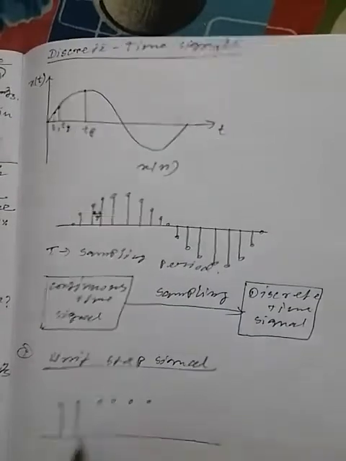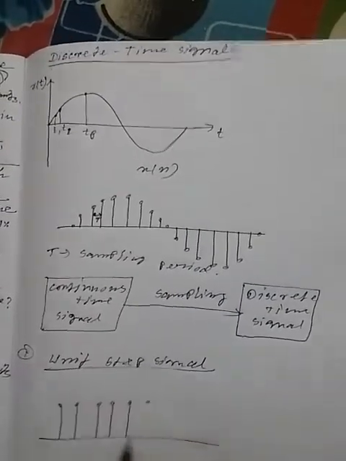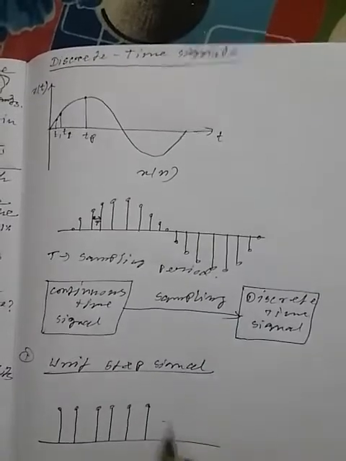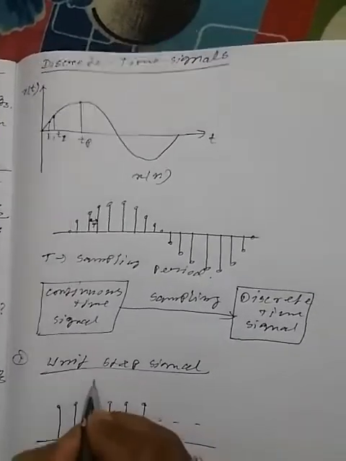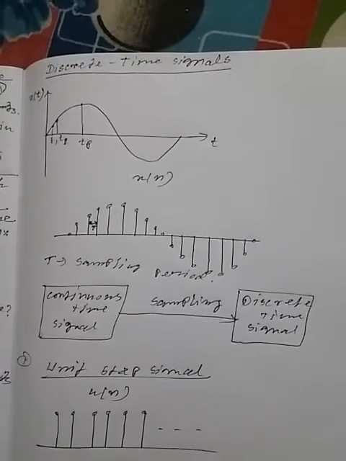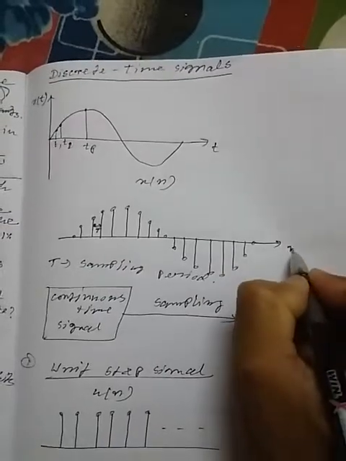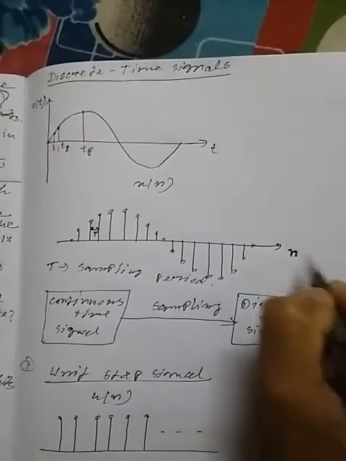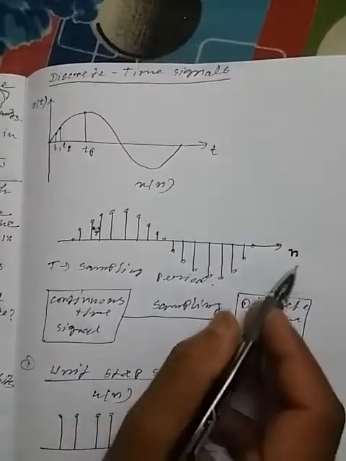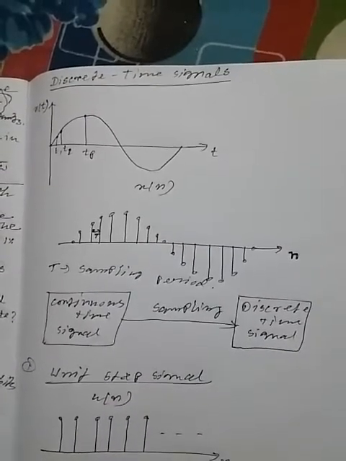It will be represented like this, by u of n. Here, for discrete time signal, the time is represented by n, that is called discrete time index n.